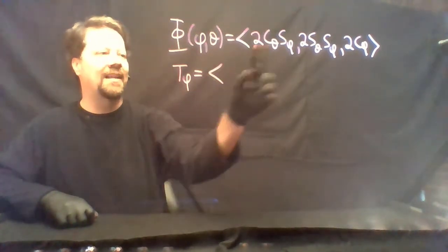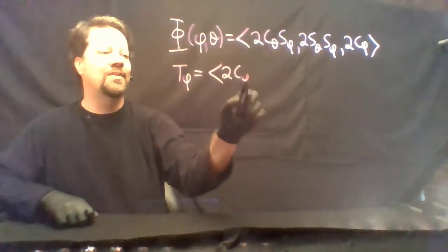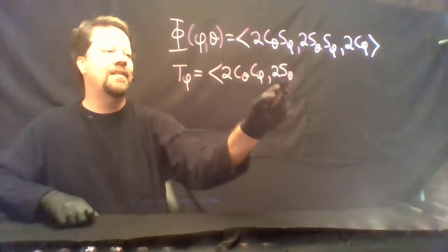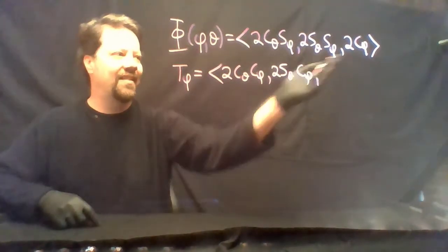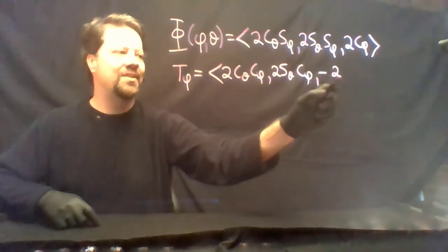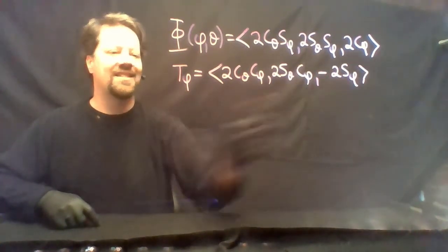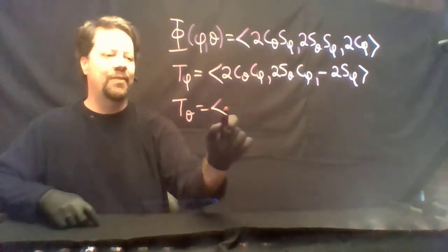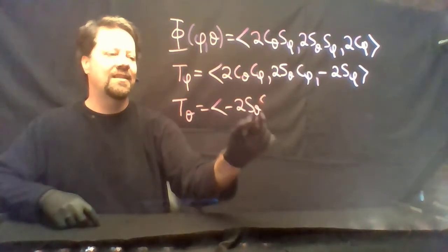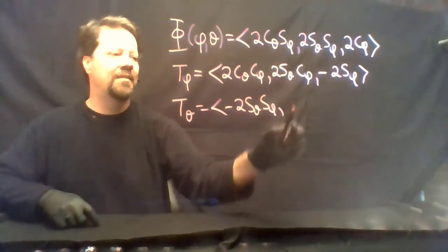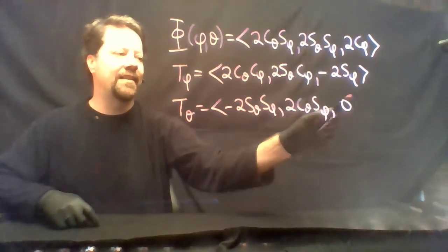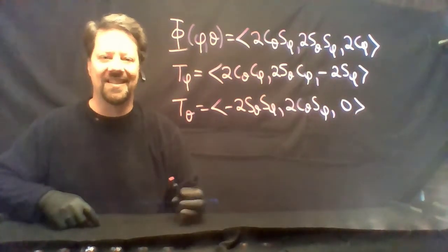T phi is going to be 2 cosine theta cosine phi, 2 sine theta cosine phi, and then on the last coordinate we get minus 2 sine phi. For t theta we get minus 2 sine theta sine phi, positive 2 cosine theta sine phi, and then 0 because there are no thetas in the last coordinate.